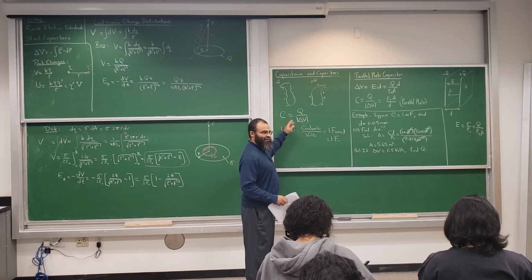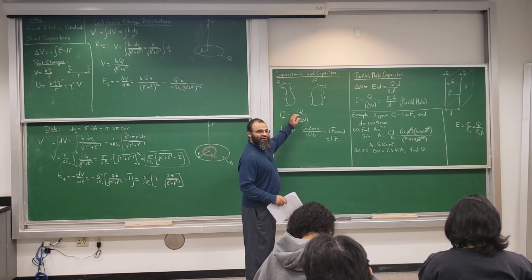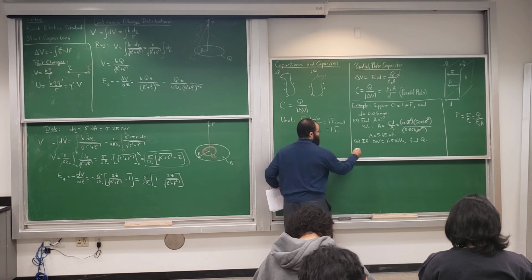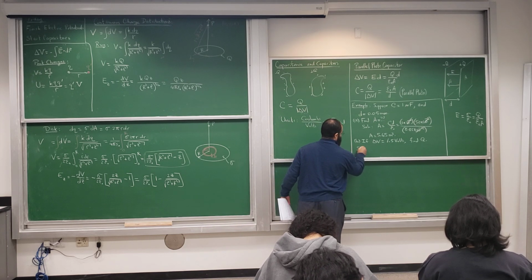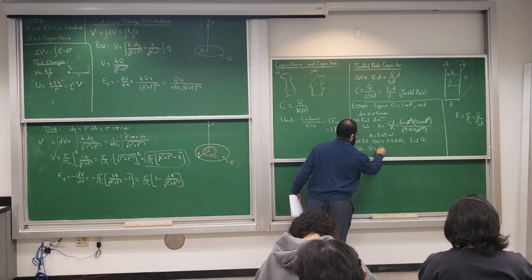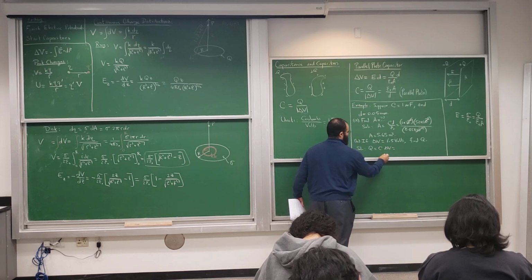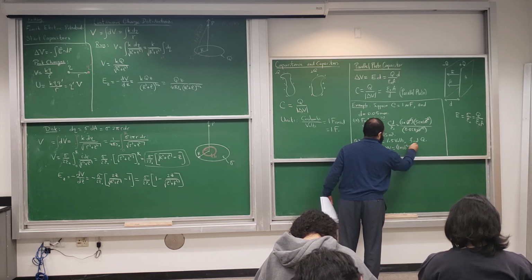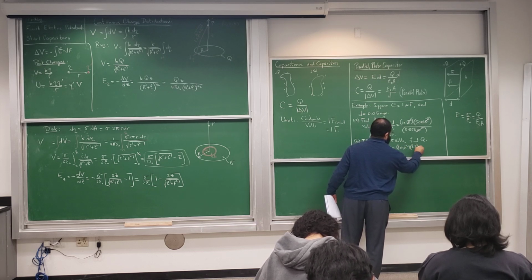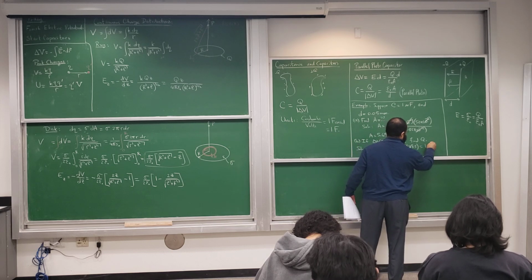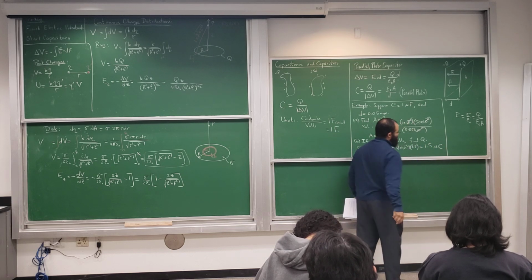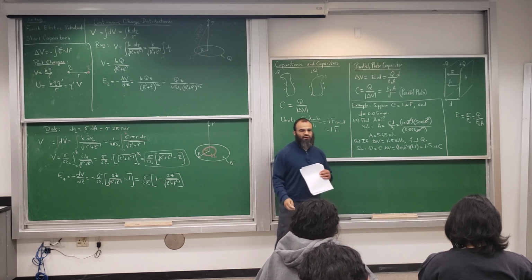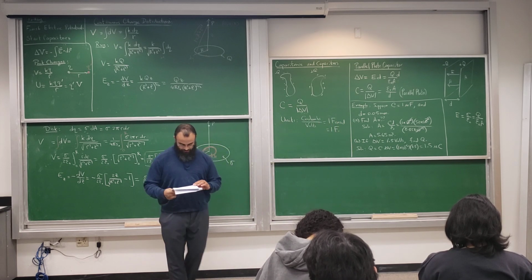CV or C delta V. From the definition, you get 1.5 microcoulomb. Okay.